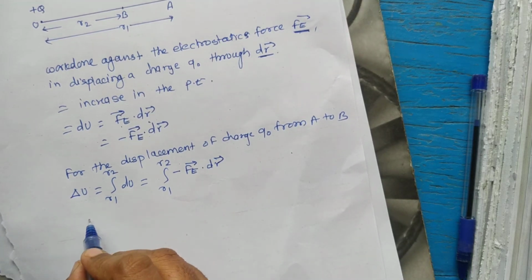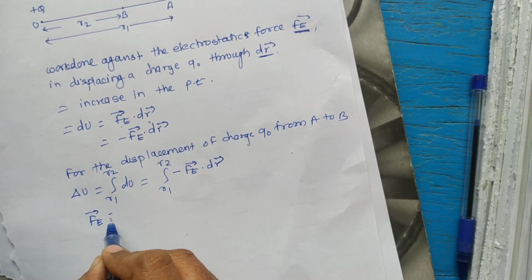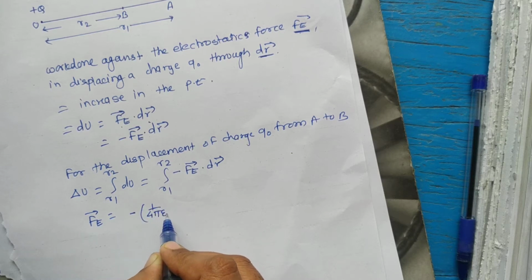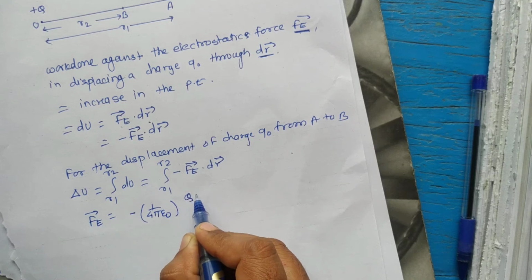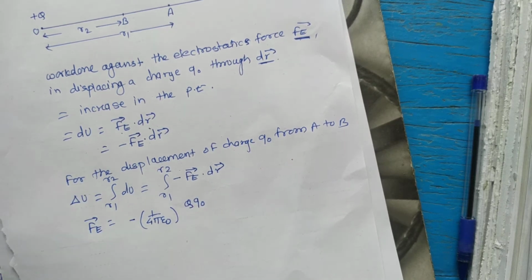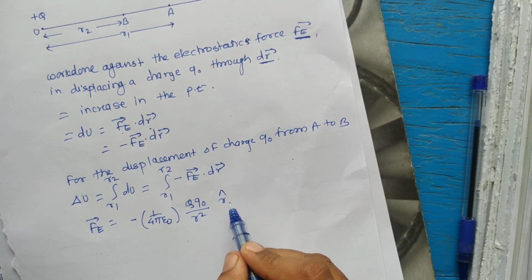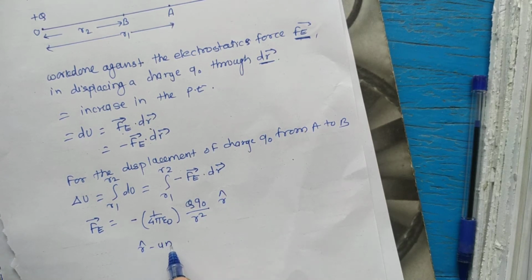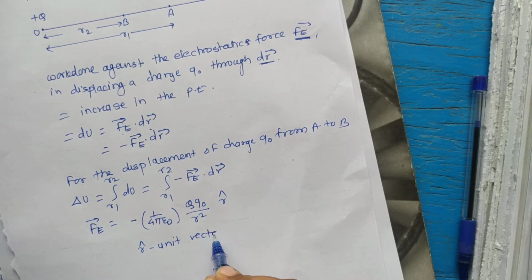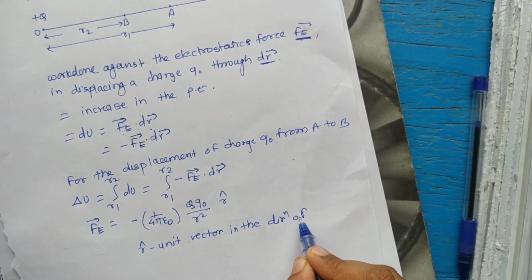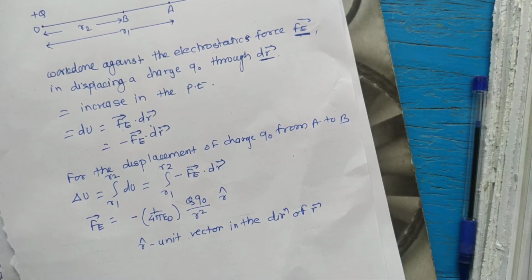But the value of Fe, that is electrostatic force, according to Coulomb's law, is given by minus 1 upon 4 pi epsilon naught, Q naught Q divided by r square into r cap, where r cap is the unit vector in the direction of r bar, that is the unit direction of the displacement.